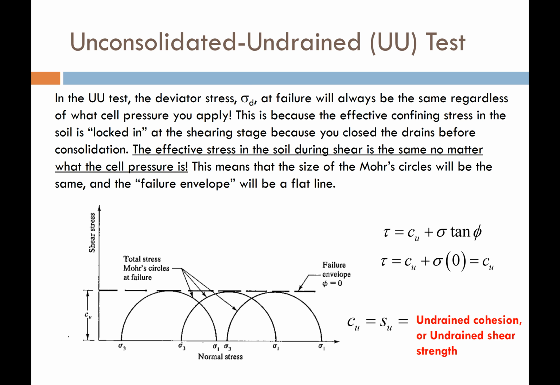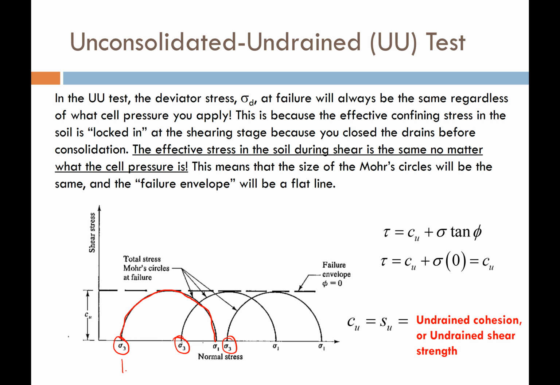So in other words, if I take three identical soil samples that had the same effective stress in the ground, and I put them in a triaxial device, and I close the drains at the beginning of the test, and I apply a cell pressure of this value for the first one, this value for the second one, and this value for the third test, it does not matter what cell pressure I apply, I get the same circle.